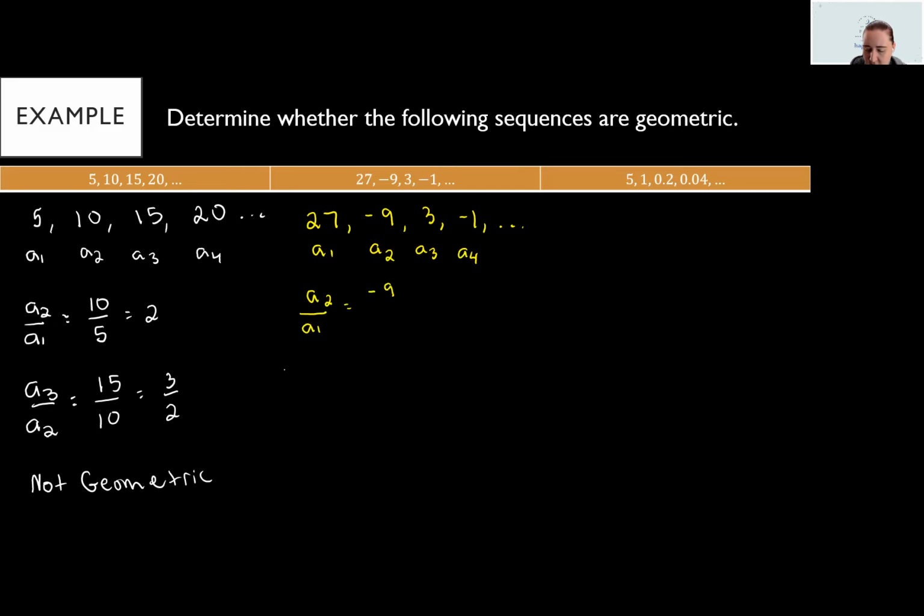So that's -9 divided by 27. Now, the best thing to check is, if you can, to make it a fraction. If you divide it and get a decimal, that's where you start running into rounding issues. If you can make it a fraction, reduce the fraction. That's the way to go to check these. So -9 over 27 reduces to -1/3.